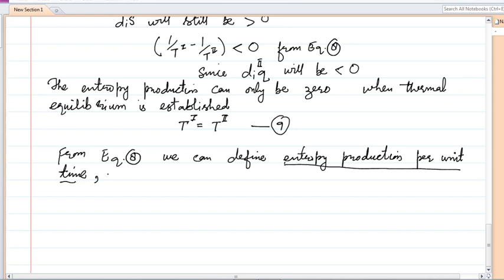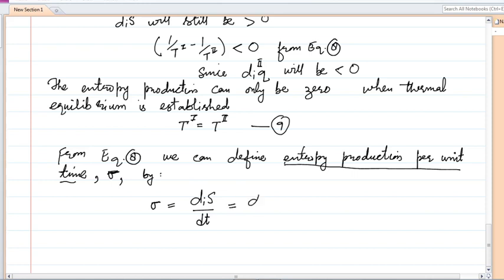It is represented by a symbol sigma, and this sigma will be equal to dIS upon dt.